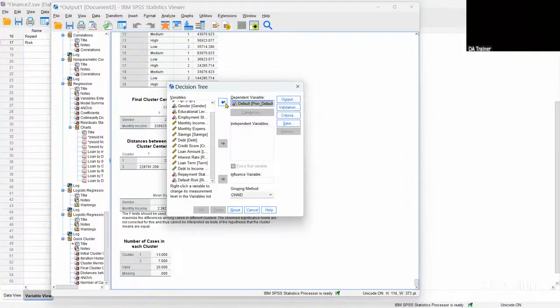Push default there. Then pick up your age, income, score, and then just put them into predictors. Just pick all of them there into independent.